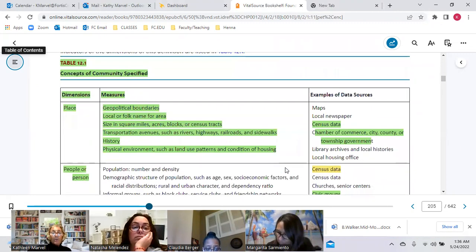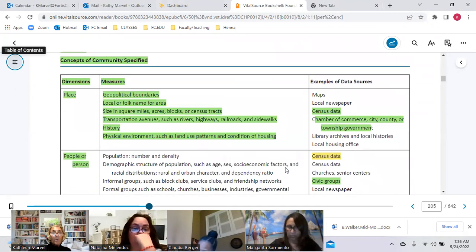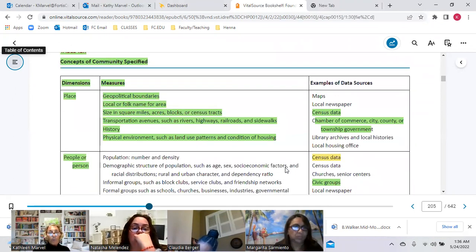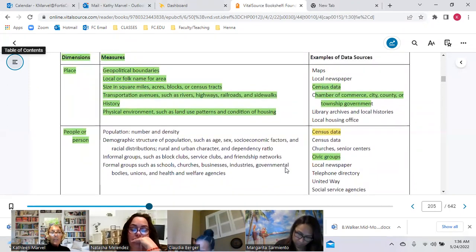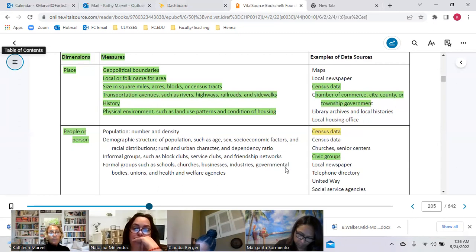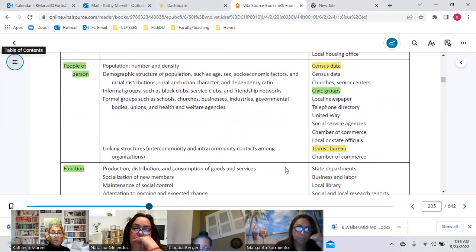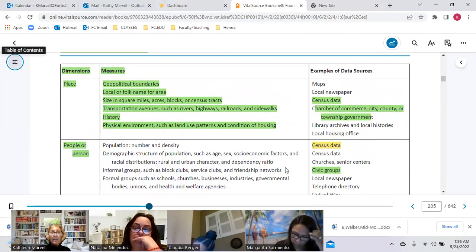First and foremost, what are the 3 dimensions of community we look at? We're on table 12.1. We look at community as a place, as a people, and thirdly, as a function. This is a nice chart. What is the place measure? What are the geopolitical boundaries?